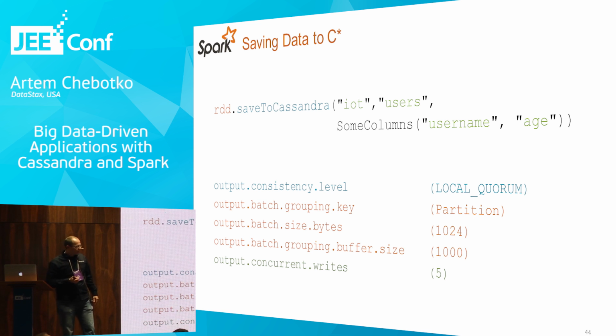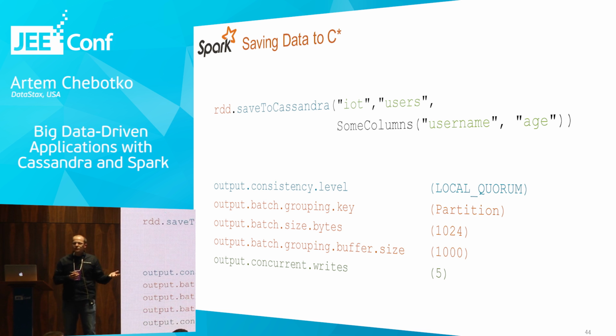Okay, and then there are some parameters for how the Spark Cassandra connector is going to create batches. The data inserts are organized in batches first, and then the batches are going to be written. By default, the inserts are going to end up in the same batch if they have the same partition key. There is a default batch size, and the number of batches a task can have concurrently.